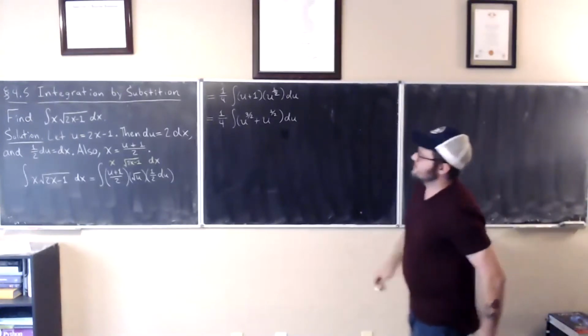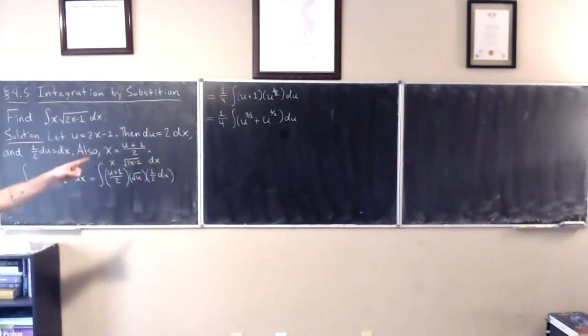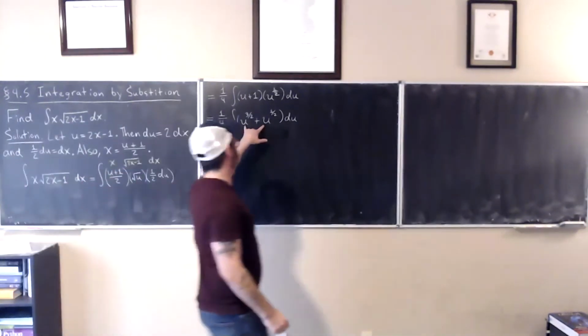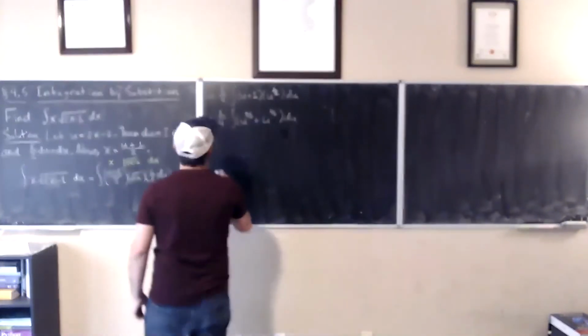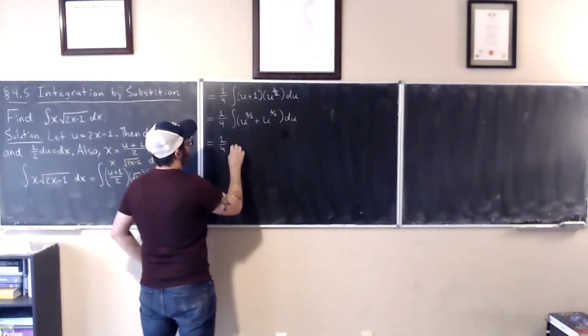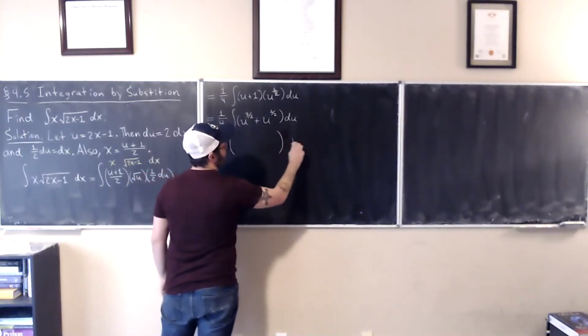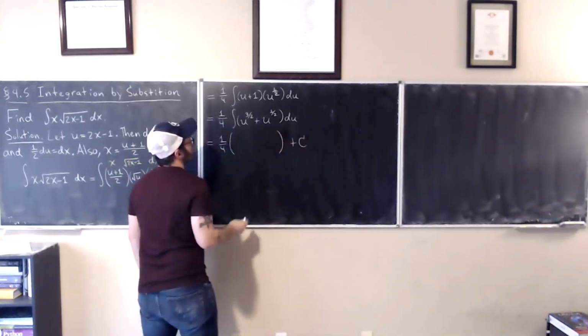Okay. So now we just apply the power rule for integration on both of these u's. And I get that this is 1/4 times stuff plus your constant of integration. So what is that?